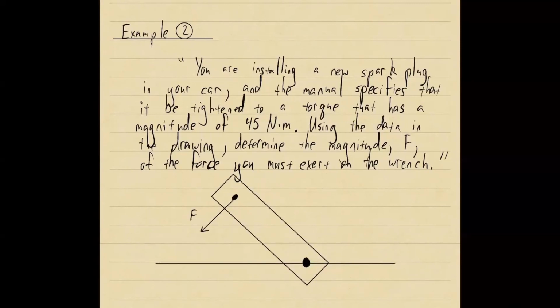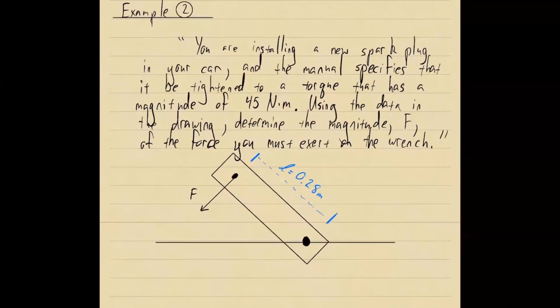The problem says that the distance between where we are applying the force on the wrench to the axis of rotation, which is the nut, is our lever arm. And apparently this has a distance L of 0.28 meters. So the question is asking, how hard do we need to push on this end of the wrench in order to apply a torque of 45 Newton meters to the bolt or the nut?